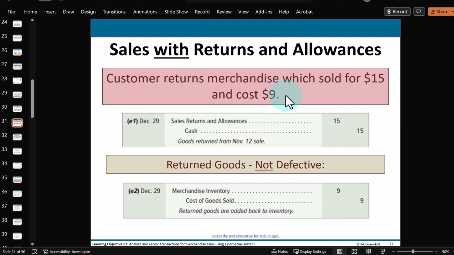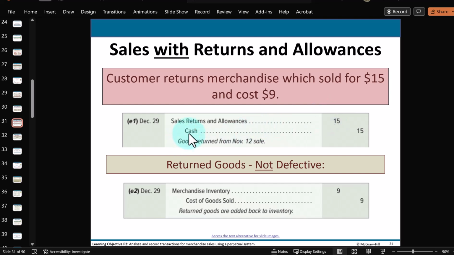So just like when we had sold to them previously, there were two journal entries. Now we're going to have two journal entries here for the returned merchandise. In this case, setting up a new contra revenue account called, not sales discounts, but sales returns and allowances, for the amount we're not going to be collecting or going to be refunding in this case.